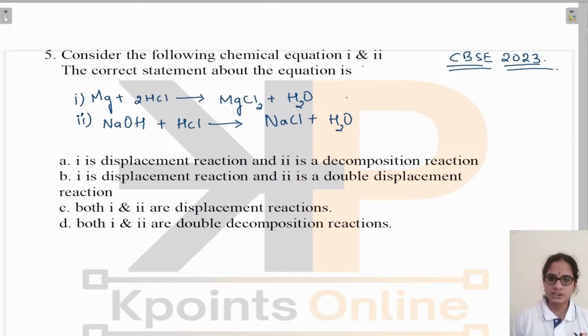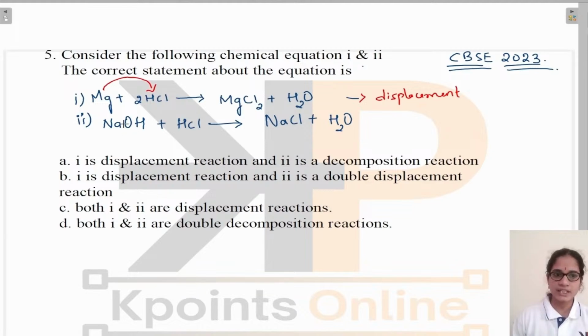Okay, let us first check the first reaction. Magnesium is displacing hydrogen from the acid to form magnesium chloride, so it will be a displacement reaction. Then in the second reaction there is exchange of ions. Sodium cation and chloride anion form sodium chloride, and hydrogen cation and hydroxide anion form water.